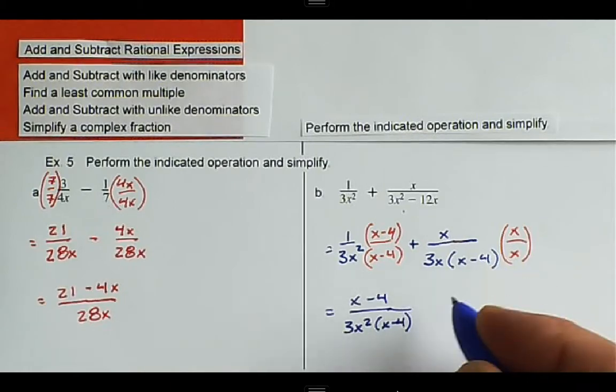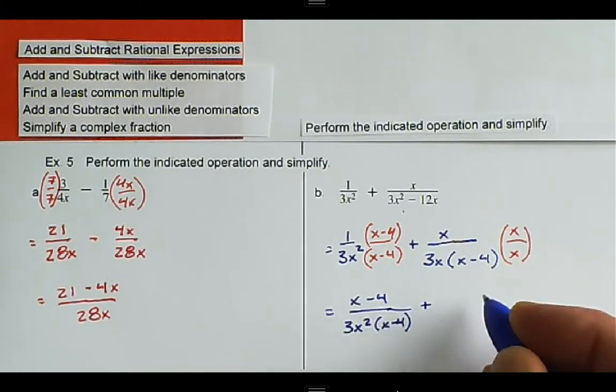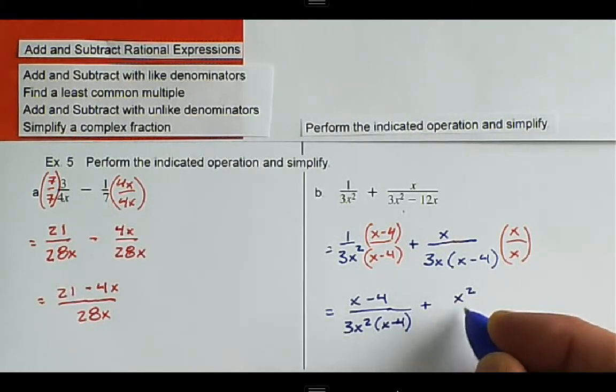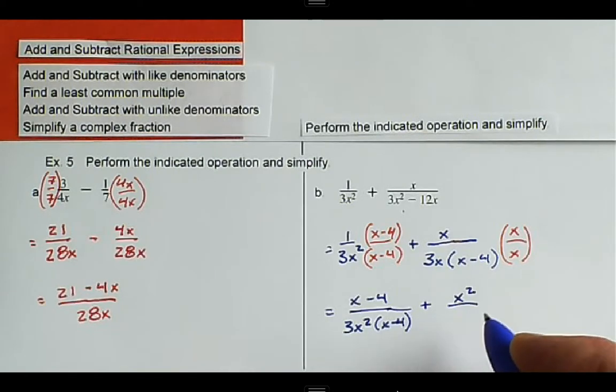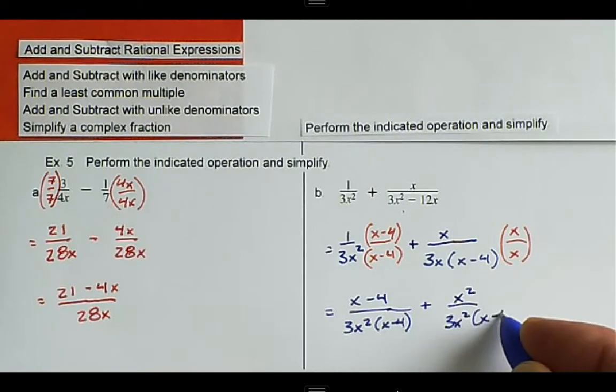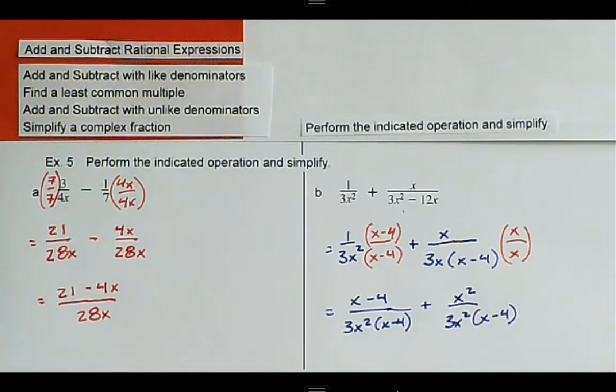Over here on the right, it's going to be plus, so then this is going to be x squared divided by x times x is x squared, so then we get 3x squared times x minus 4. The next thing that we can do is add our numerators here.